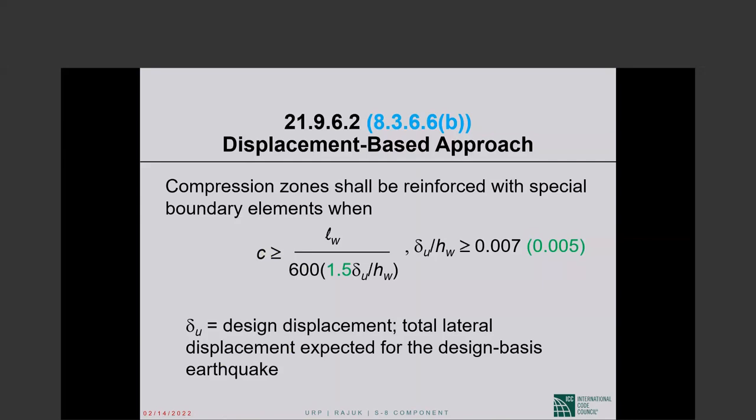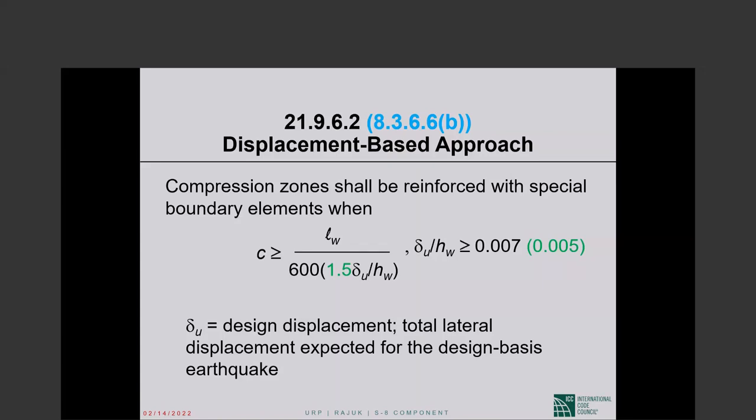So this is a huge change in 318.14. The idea is, up until 318.14, I want to state in simple terms, we were designing our shear wall for the design earthquake displacements.